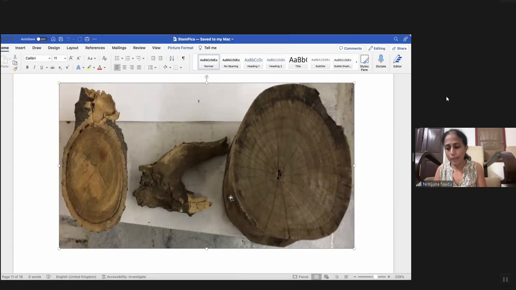The old set of pipes that die, they form rings. We can actually calculate the age of the plant or the tree by counting the number of rings.